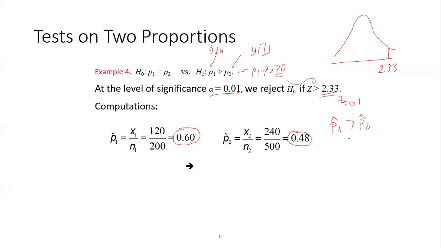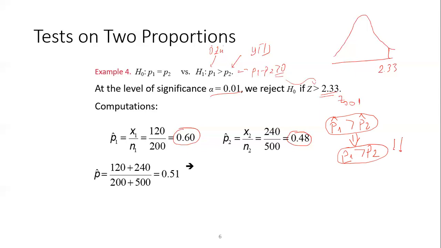But by just looking at this, can we say that P1 is greater than P2? The sample proportions are obvious, but how about the population parameters, which we don't know? Can we say this? This is the real question in all hypothesis testing so far.